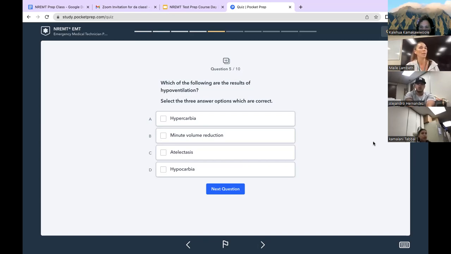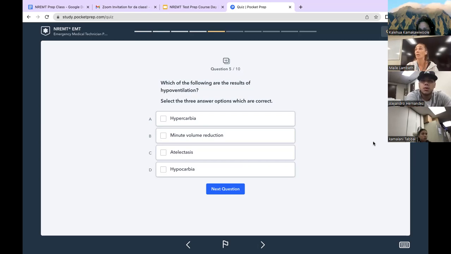So hypoventilation, what does that word mean? Low ventilation. So a slow respiratory rate. When we breathe slowly, what are we supposed to be breathing out? We're supposed to be getting rid of carbon dioxide when we exhale, right? So if our exhalation is at a low rate, we start retaining or keeping that CO2.